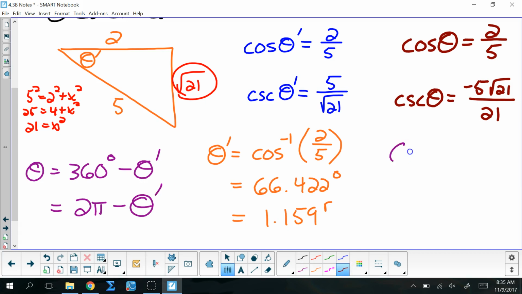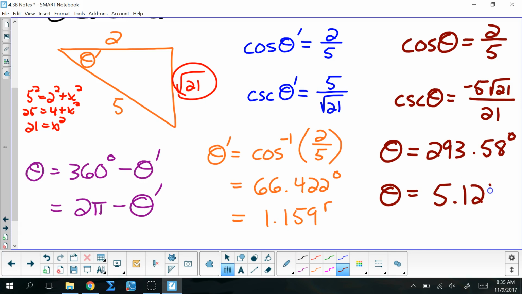So theta here, whoa, tap the brakes. So theta here is going to be 293.58 degrees, or theta here is going to be 5.124 radians.